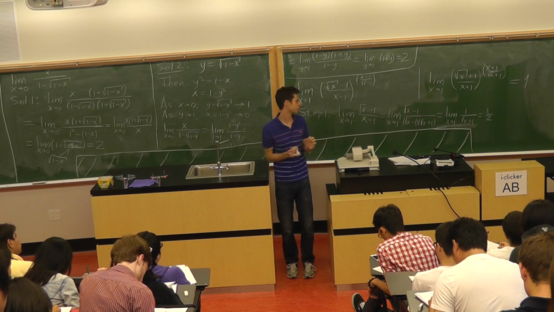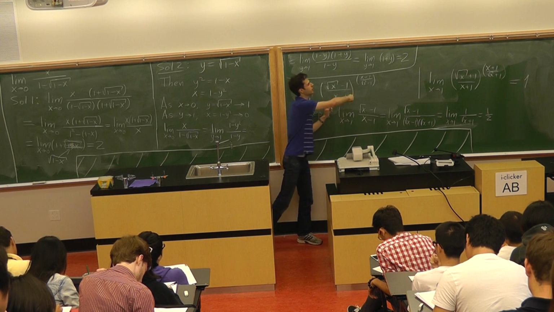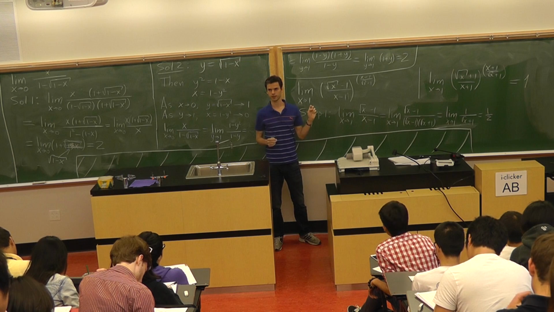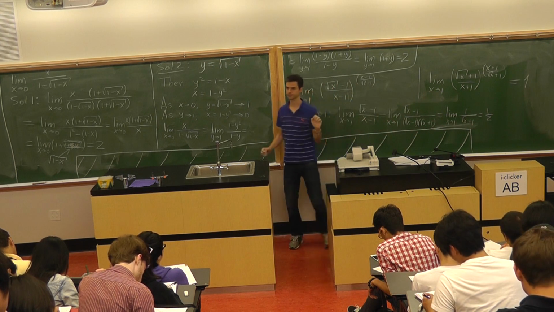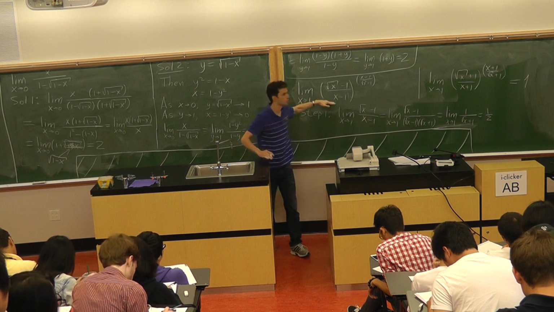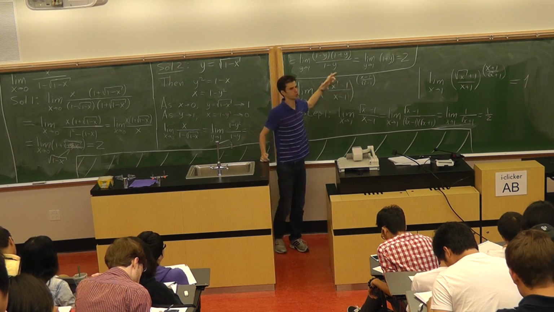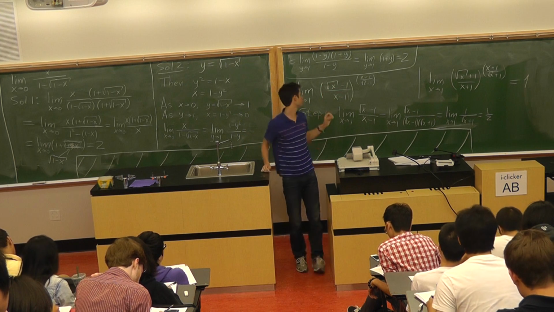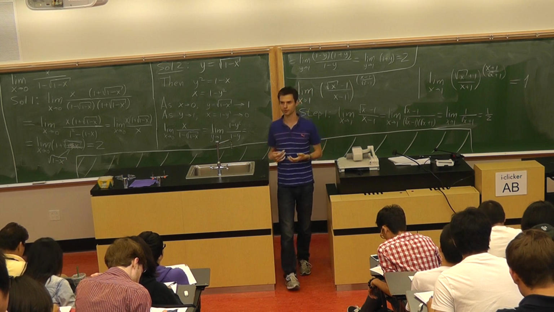Let me repeat the question. When x is close to 1, what can we say about this number? And the answer is, well, it is close to 1/2. So now we have some new information about the original question. We want to raise a number which is close to 1/2 to some power. Well, let's figure out to what power.